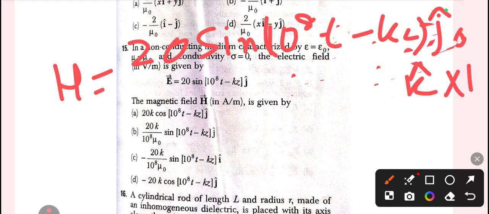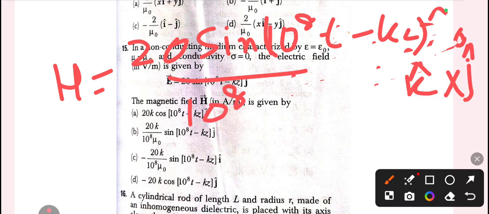K cross j unit vector as k cross E, then k cross j unit vector divided by omega mu naught, omega equals 10 to the power 8 mu naught. Then k cross j equals minus, then the correct option is option number C.